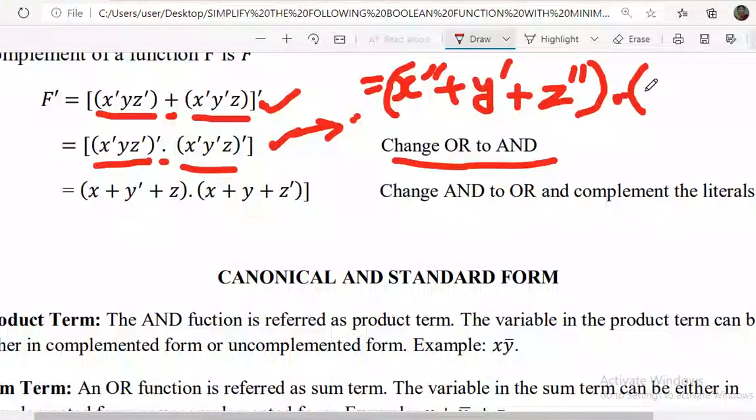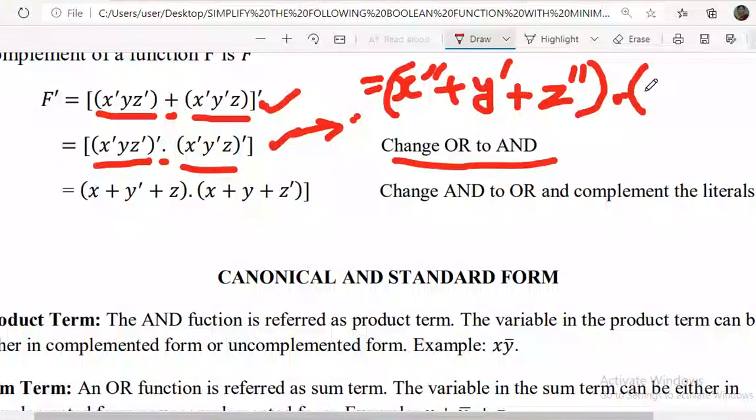A double bar or a double dash means I can write it as a, because double inversion will always cancel. This dash represents inversion, so two dashes mean double inversion, and double inversion will always be cancelled. So you will get just the alphabet a.